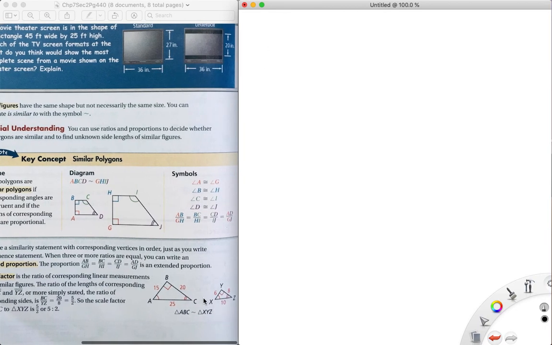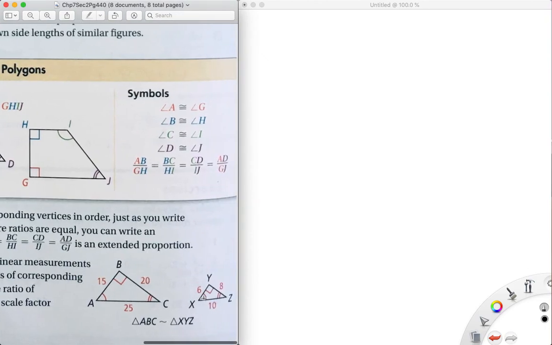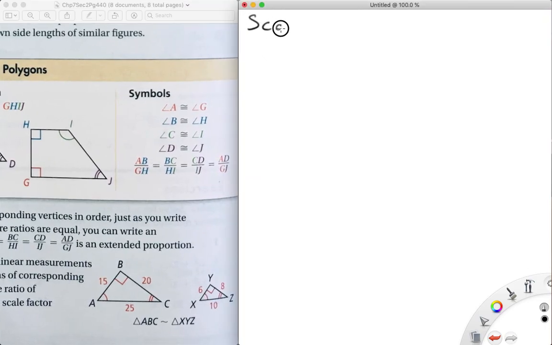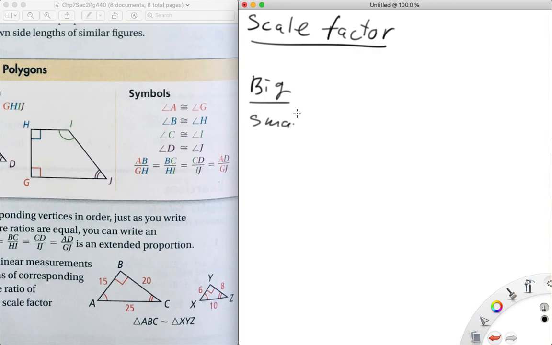So here they give us two polygons. Okay. If we're going from big to small, we can say AB over XY, which is equal to BC over YZ, which is equal to AC over XZ. I could pick any one of these.